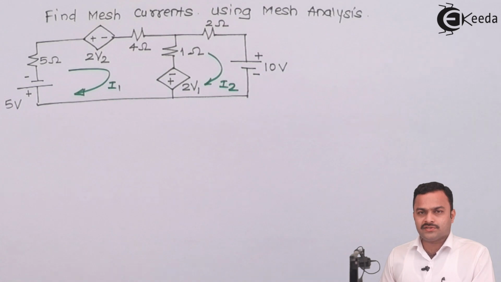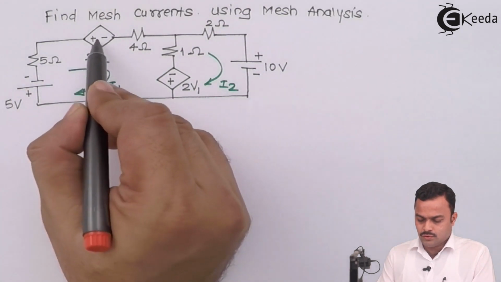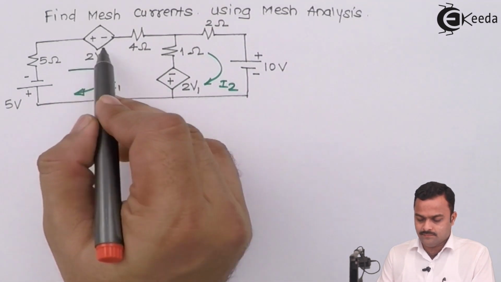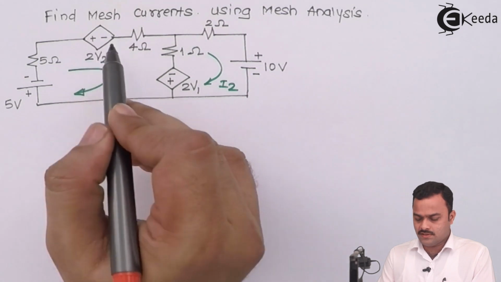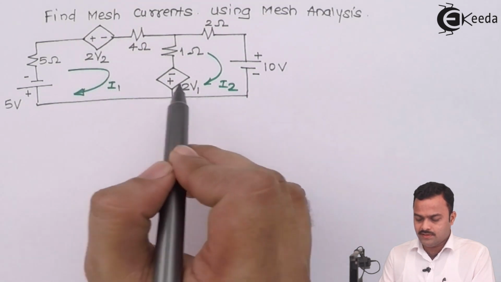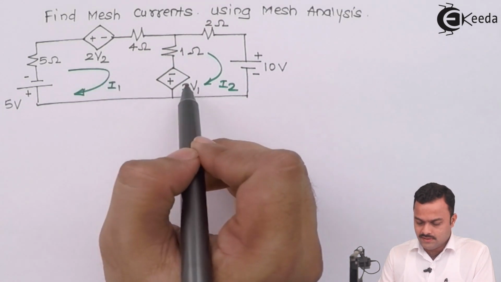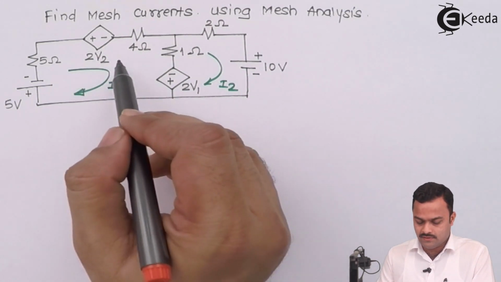If we see properly in this circuit, we are having two dependent sources. As per the symbol, it's a voltage source, and if you see the equation, it depends upon some other voltages. So these voltages need to be marked V1 and V2.